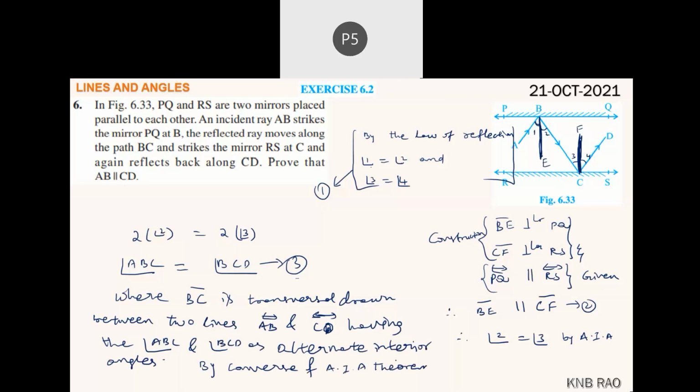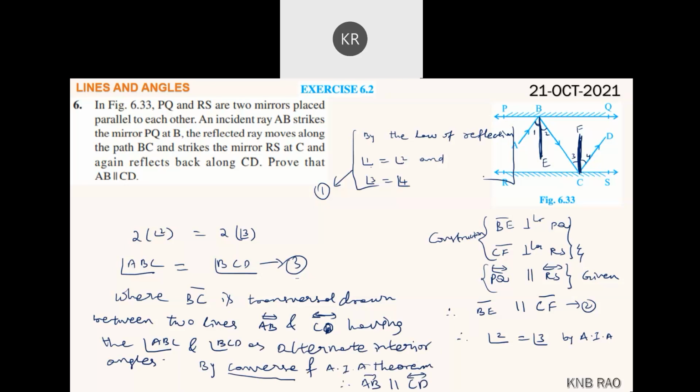It's a theorem, okay, theorem 6.4. Converse it is, converse of alternate interior angle theorem. So we get AB parallel to CD.